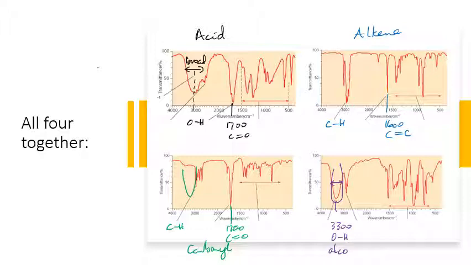And this is confirmed by the fact that here's our 1,700, so we've got no peak there for our carbonyl group, and don't be confused by this peak here, because here it's 1,500, so it's not a carbon-carbon double bond there. All right, the carbon-carbon double bond would be at 1,600 like it was above. Okay, so this is the alcohol. Okay, so now you see them together, hopefully you can recognize them and identify them.